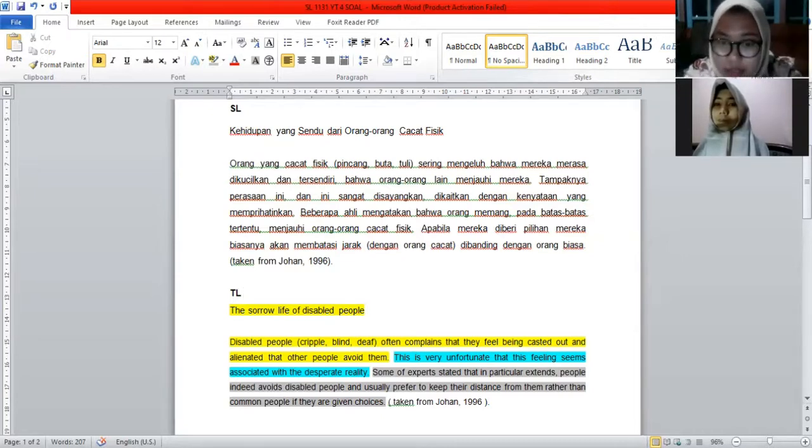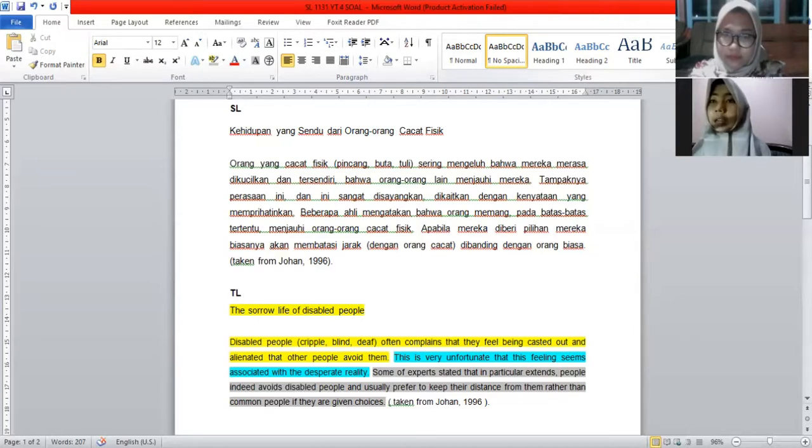We translate it to "this is very unfortunate, that this feeling seems dikaitkan dengan kenyataan yang memprihatinkan," and in the target language it is "associated with the disparate reality."